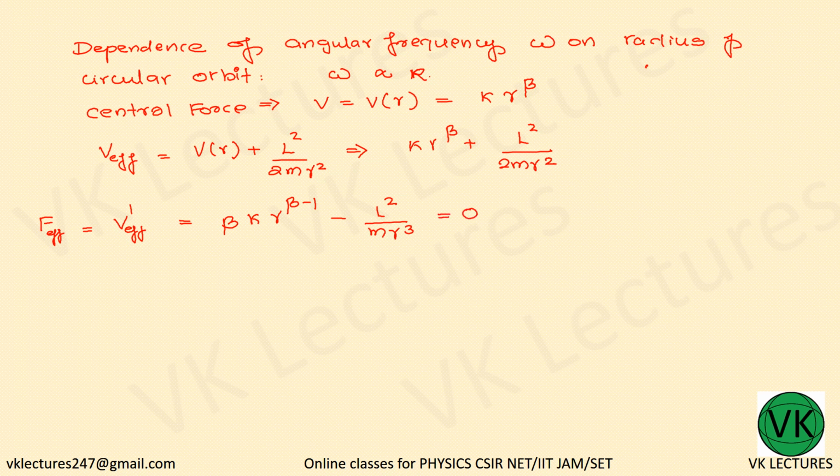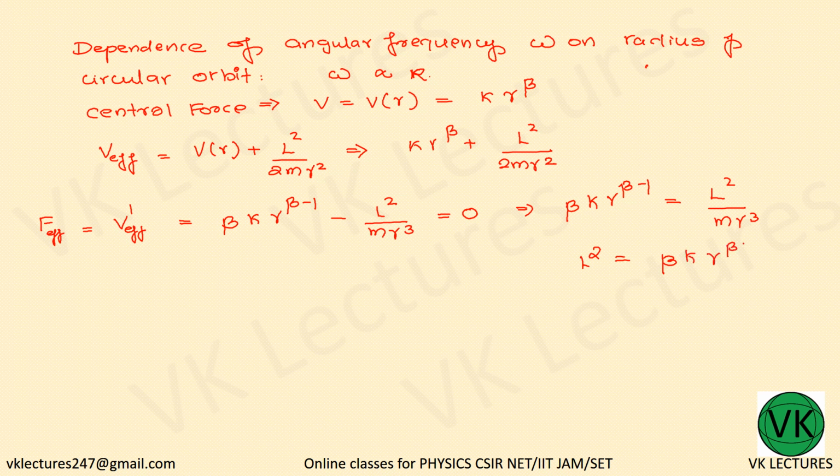If the effective force is equal to 0, we can write beta times k r to the power beta minus 1 is equal to L square divided by m times r cube. From this we can write L square is equal to beta k r to the power beta plus 2.